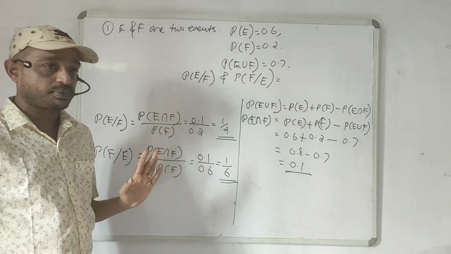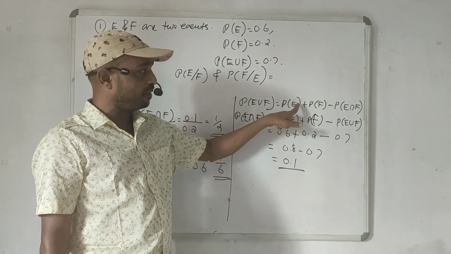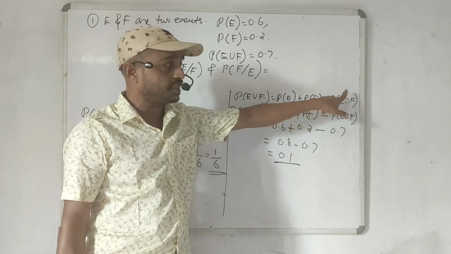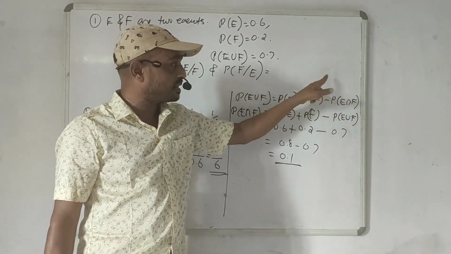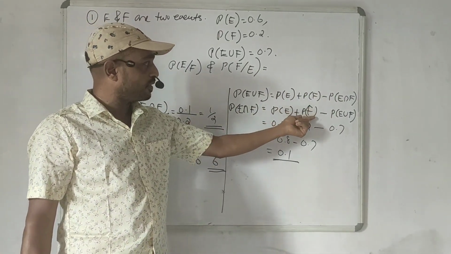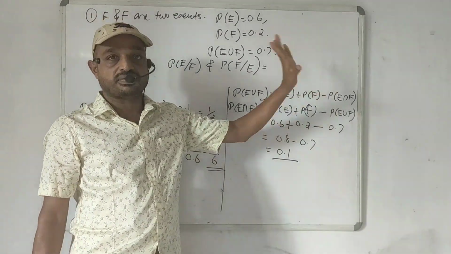What is the addition rule of probability? It is P of E union F equal to P of E plus P of F minus P of E intersection F. From this, P of E intersection F is equal to P of E plus P of F minus P of E union F. These three quantities are given directly.